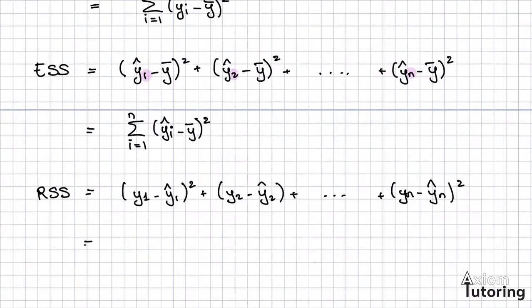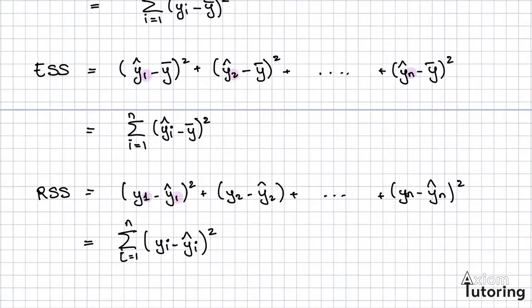In terms of summation notation, now we can see that the i changes for both the true and the fitted value. So we're going to have the loop going from 1 to n, and we have yi minus y hat i all squared. So this is the variation the model fails to explain.